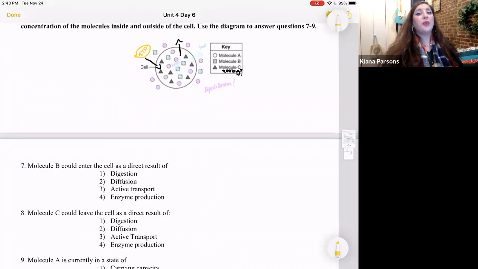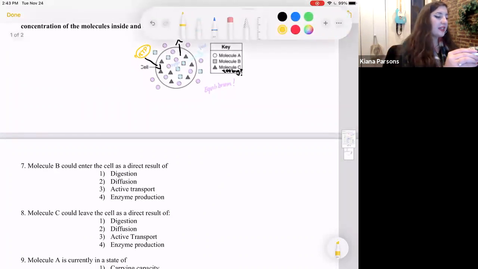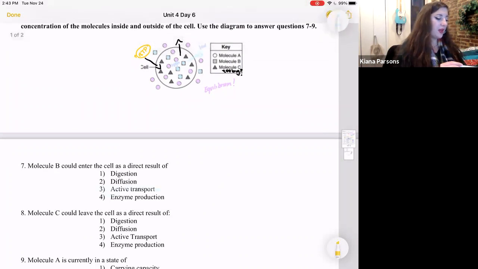So if molecule B is entering the cell, we know that that's active transport, right? Because it's going from low outside the cell to high inside, and we can see there's a higher concentration inside of the cell.